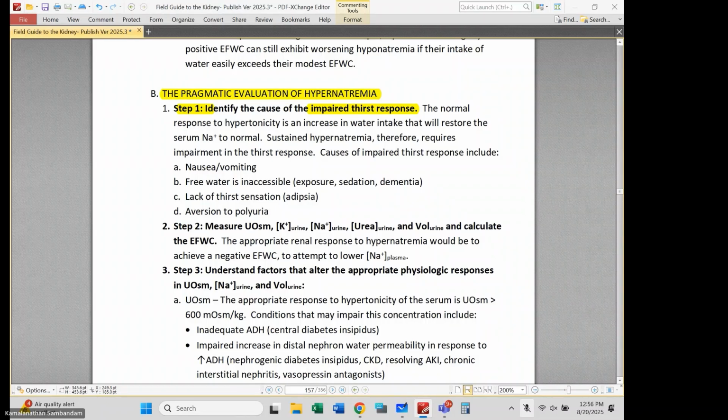They have a problem with vasopressin response or vasopressin action. But they don't get hypernatremic because they have an intact thirst response and they just start drinking. So in order to get hypernatremic, you have to have impaired thirst response, because otherwise my brain is going to tell me to drink.